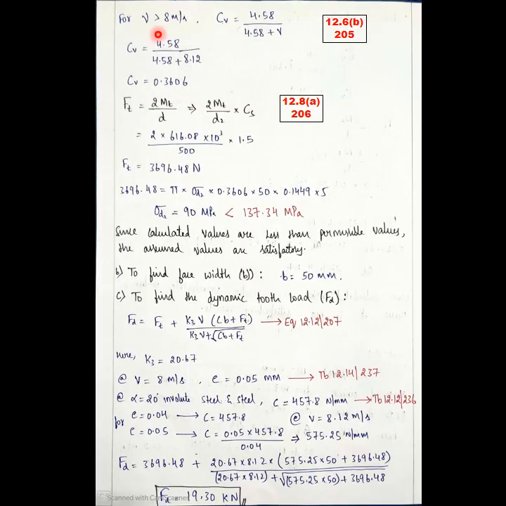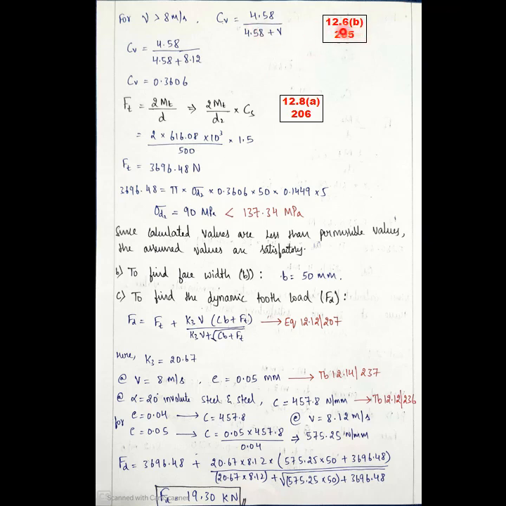Similarly, the velocity is greater than 8 meter per second. Hence, we have to consider the next higher value from the velocity factor. If you substitute the velocity here, we will get the value from 12.6 b.